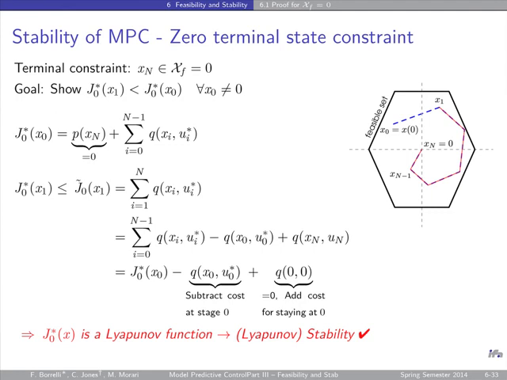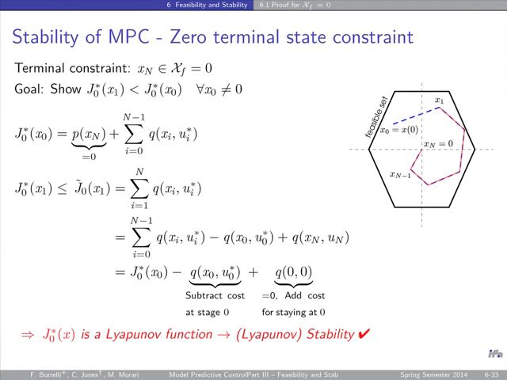So, in summary, we have found that J star 0 of x1 minus J star 0 of x0, I'm bringing this term to this side, is less or equal than minus q(x0, u star 0). The cost is less or equal than something which is negative definite, because q, remember, was positive definite.